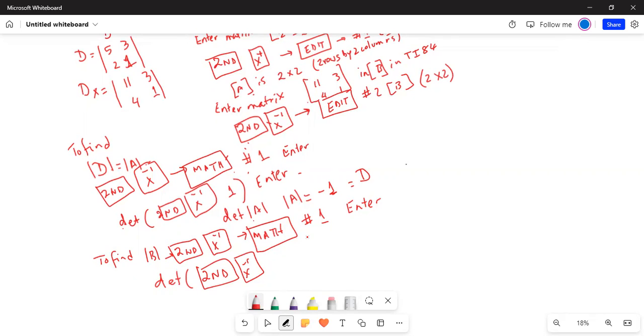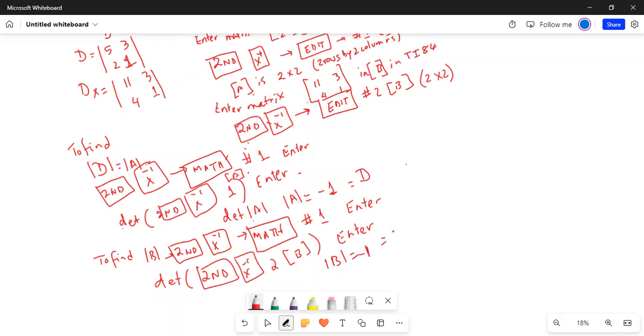As soon as you press number 2, this becomes B. It's finding the determinant of matrix B. Hit enter. So the determinant of matrix B is equal to -1.